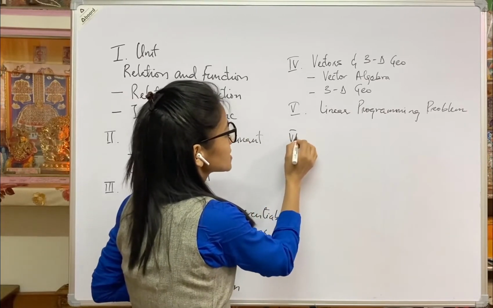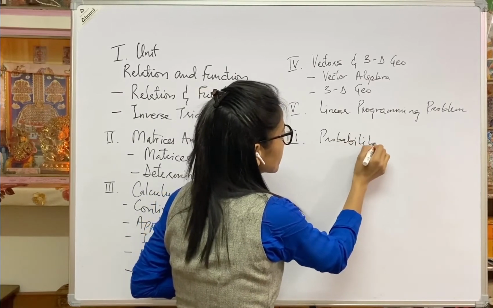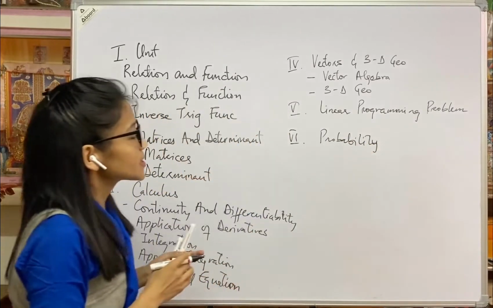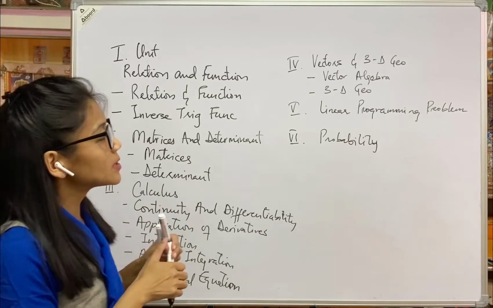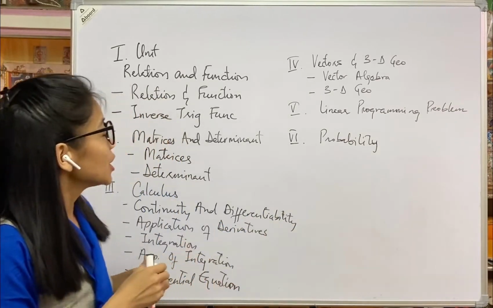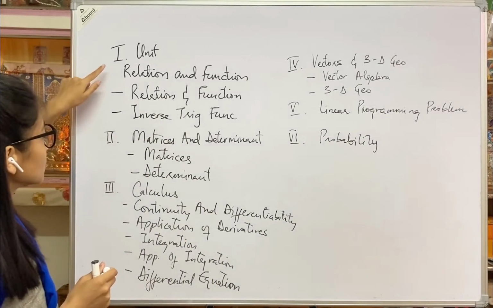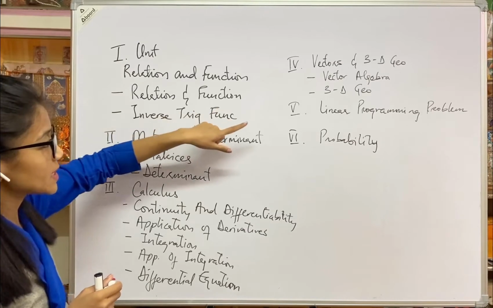And then we have the 6th unit, that is probability, which is also one chapter and itself one unit. So these are the 6 units we have: unit 1, 2, 3, 4, 5, 6.